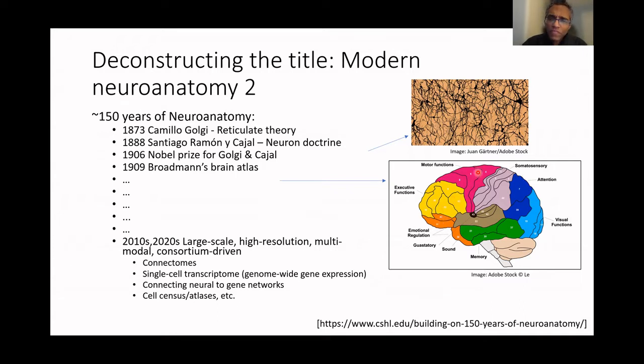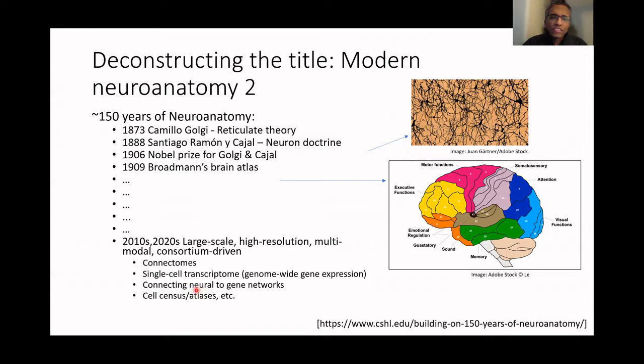And it is multimodal: not just looking at how neurons are connected, but looking at other cells as well, how the other cells are connected to neurons, and what is inside these neurons. So higher resolution means not just the level of cells and their connections, but also the genes and proteins inside these cells, and how we can use them to understand the brain's function better. These connectomes and single-cell transcriptomes are all coming together, looking inside the cell.